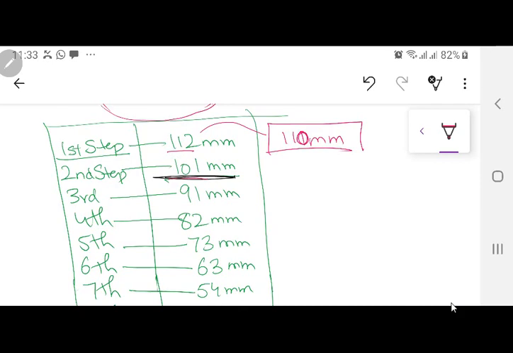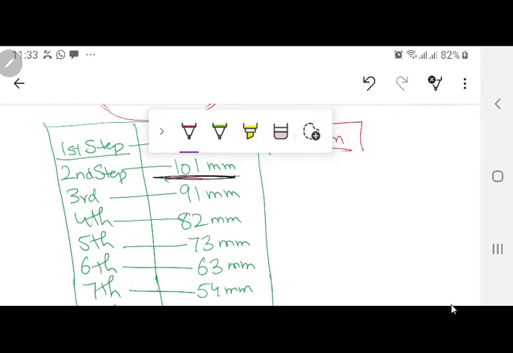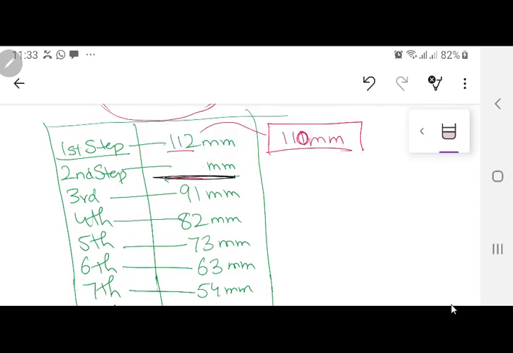It cannot be that one step is small and the next step is bigger than that. They have to be continuously decreasing down over there. So I kept 110, I kept 111. Let's go with 111. So I am going with 111.